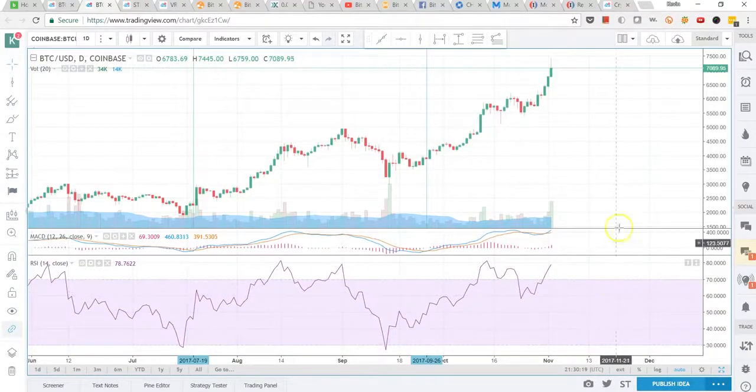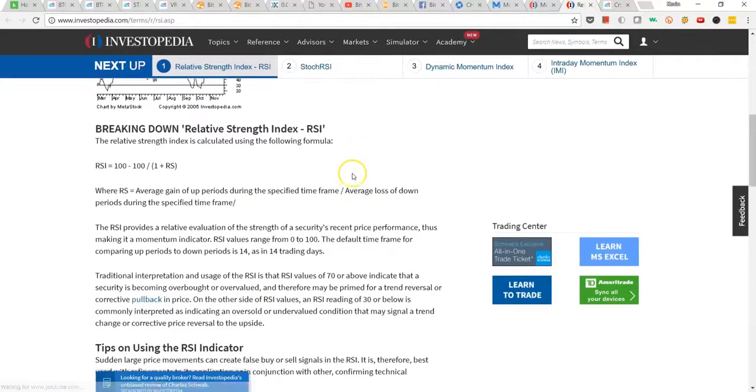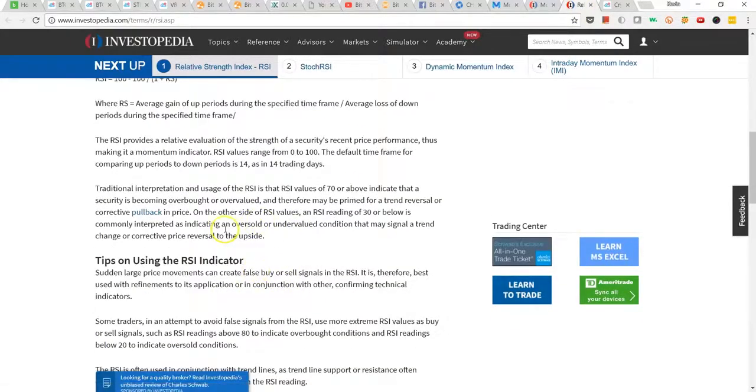Looking at the Investopedia definition here, traditional interpretation and usage of the RSI says that RSI values of 70 or above indicate that a security, or coin in our case, is becoming overbought or overvalued, and therefore may be primed for a trend reversal or a pullback. On the other side, an RSI reading of 30 or below is commonly interpreted as an indication of an oversold or undervalued condition that may signal a corrective price reversal to the upside.